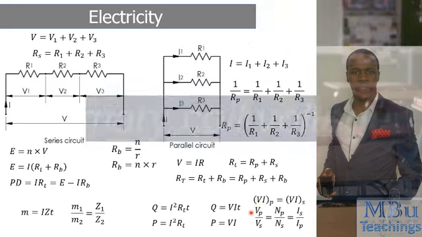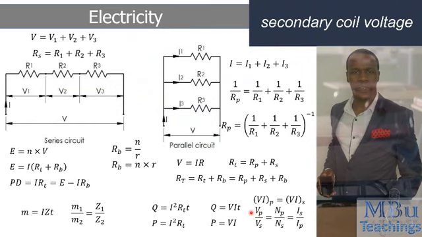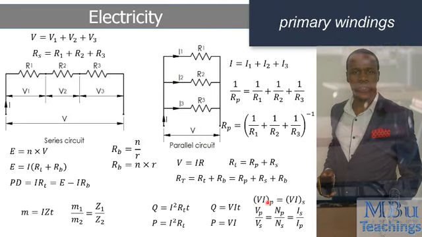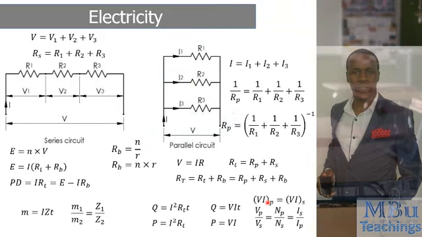Where Vp is the primary voltage, Vs is the secondary voltage, and Np. You remember when I was talking about VIP, I said that it is the power for primary windings.